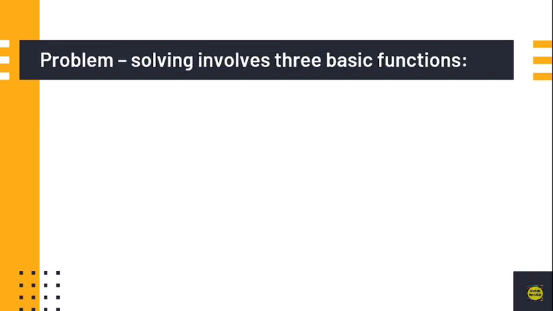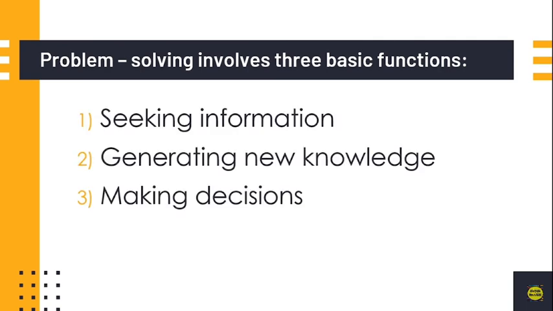Problem solving involves three basic functions. Take note of these three basic functions in problem solving. Number one, seeking information. Number two, generating new knowledge. And number three, making decisions.